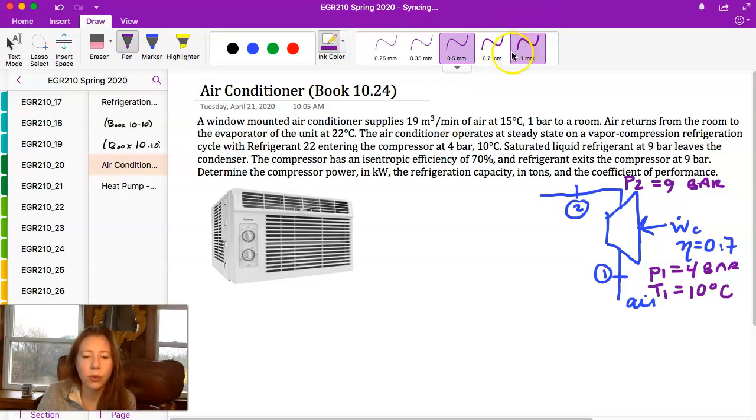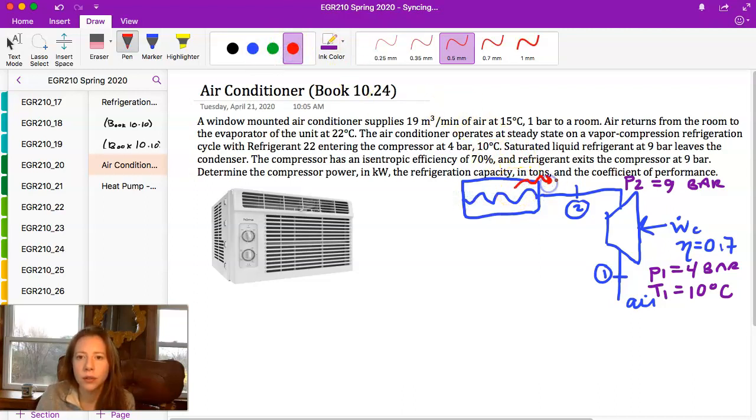Then we go through our condenser, and we have Q out here.